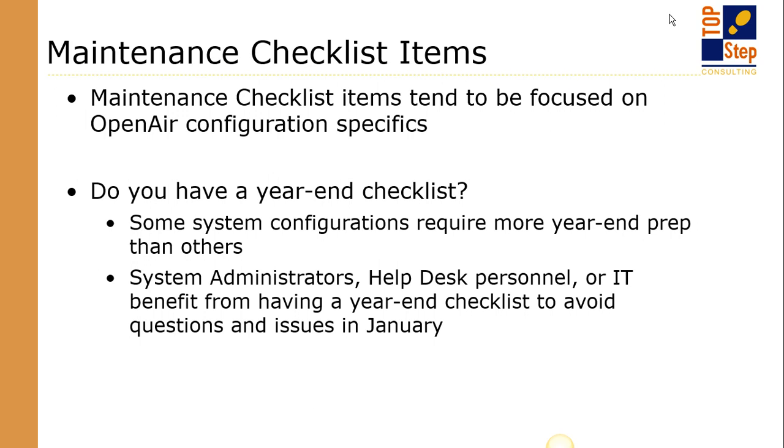Having a checklist is a great way to revisit that list each year, make sure you're ready to go and haven't skipped anything or let anything fall between the cracks. And it will avoid last-minute scrambling when you get into the new year. So a checklist is something we always recommend, not only monthly but also annually.